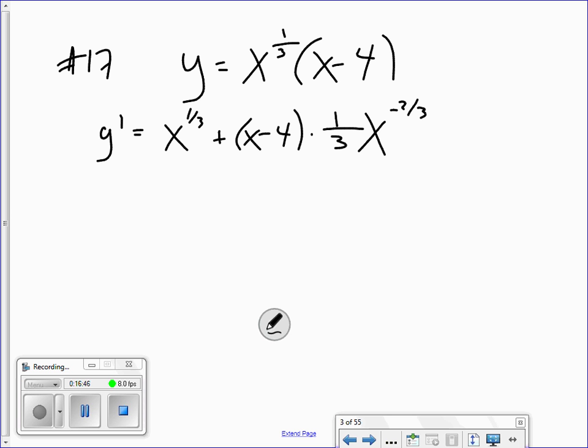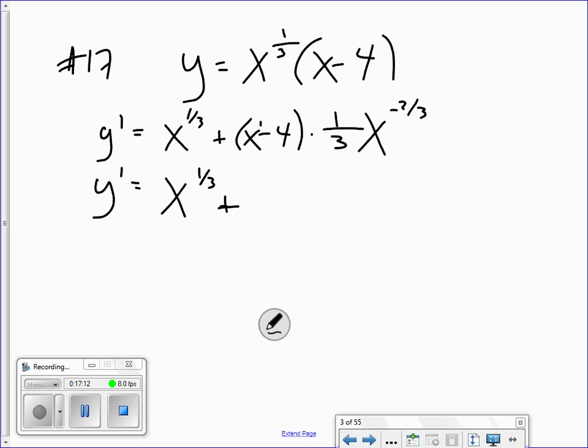Now, I'm almost wondering if we should distribute first and then take the second derivative. Yeah? All right, let's try that. I don't know how bad this is going to get. Oh, nice. If we distribute, we multiply this by the x. What happens when you multiply 1/3 x to the negative 2/3 times x to the first?